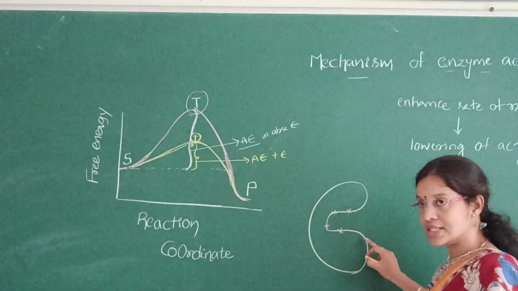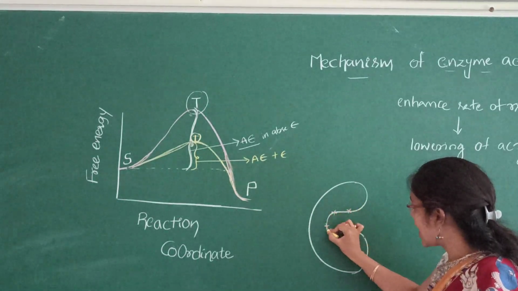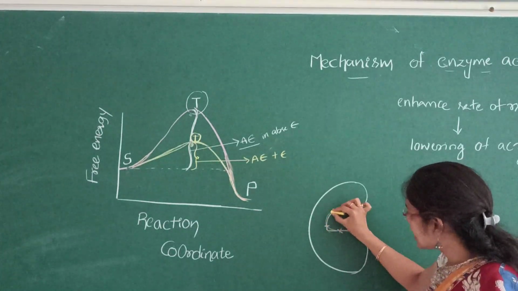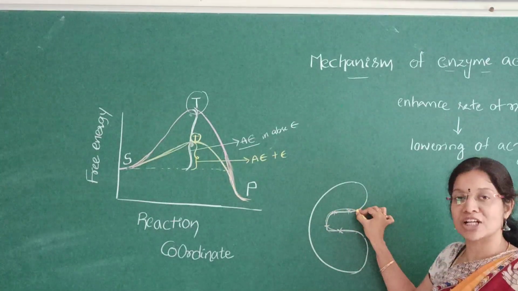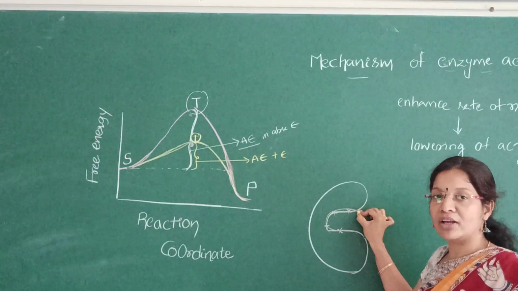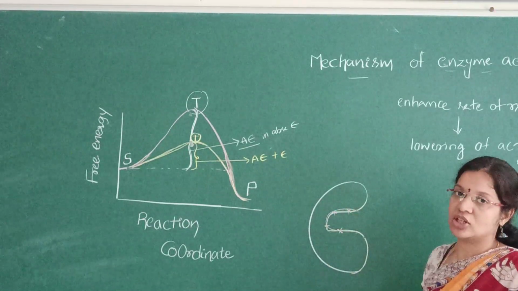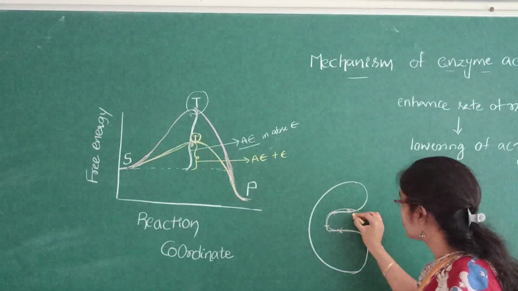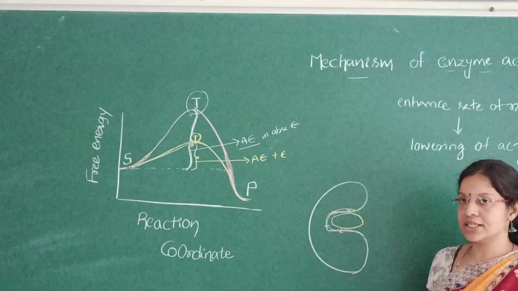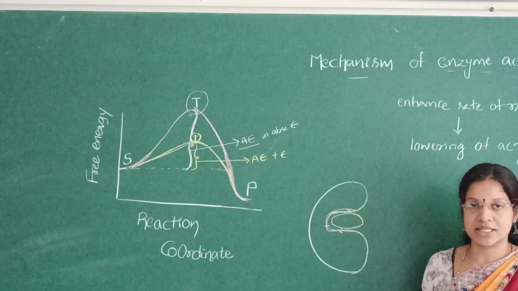So this is an enzyme and this is the active site of the enzyme. The active site will be lined by the functional groups of the amino acids required for binding with your substrate molecule. So the substrate molecule can bind like this with the active site of the enzyme.